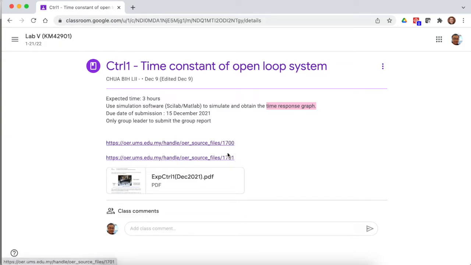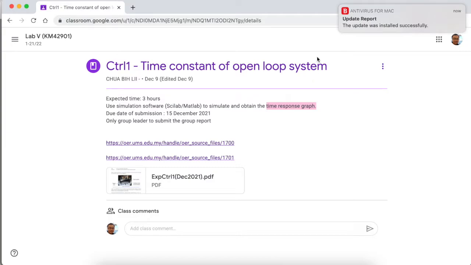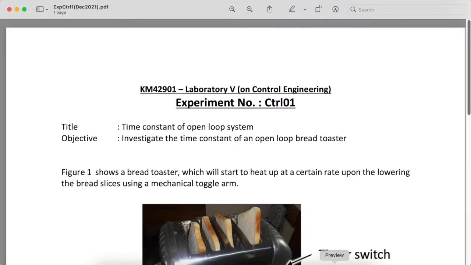I just extract the important parts on the software only. So you can download here or just refer back to the notes that you have in the control engineering class last year. Just download this one and you would be able to see something like this.